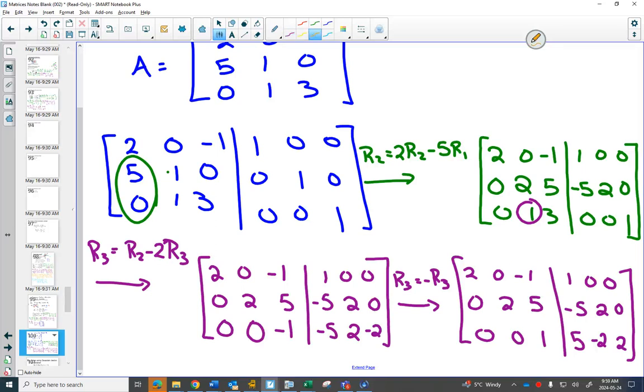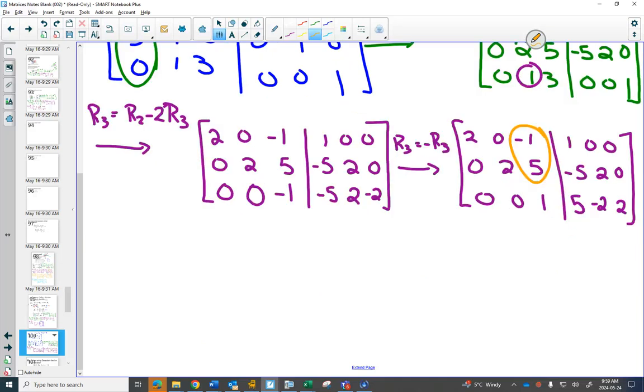Change colors again. Now we can get both of those to be 0. So for row 1, I can do this easily by adding row 3. For row 2, I can take row 2 and minus 5 row 3s.